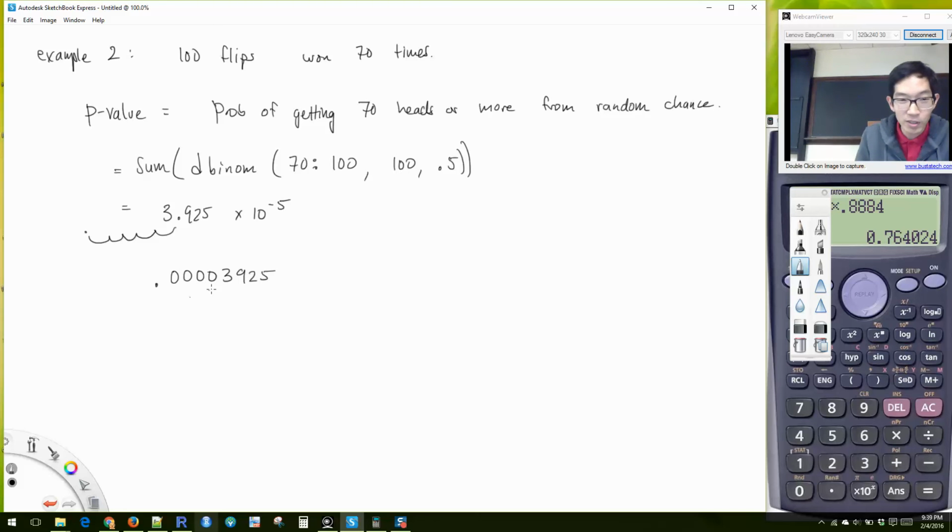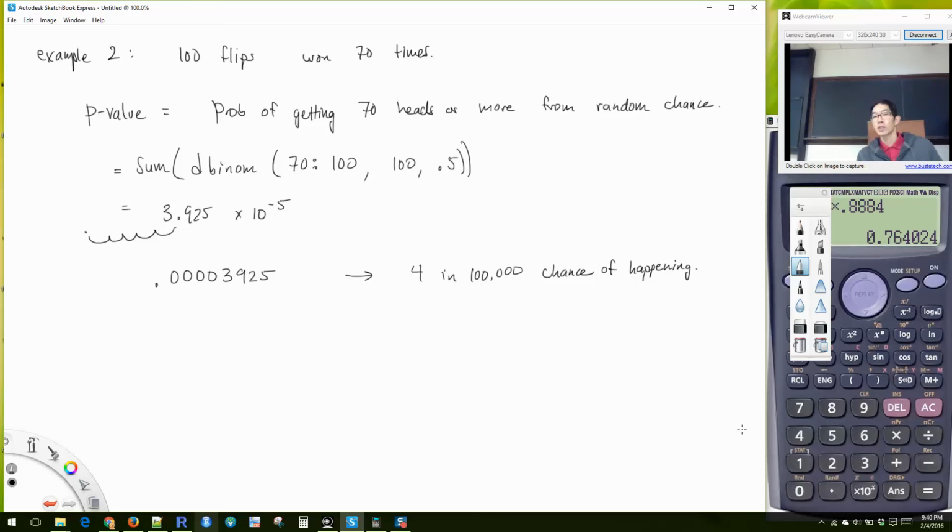So it's basically about a 4 in 10,000 chance of happening. Wait, hundreds, thousands. Oh no, 4 in 100,000 chance. I'm sorry, 10 to the minus 5. Yeah, 4 in 100,000. Okay. 4 in 100,000.